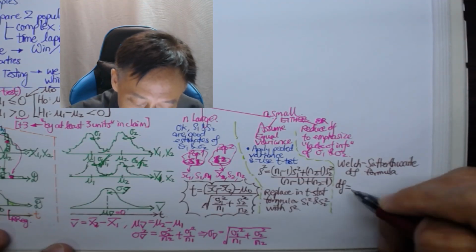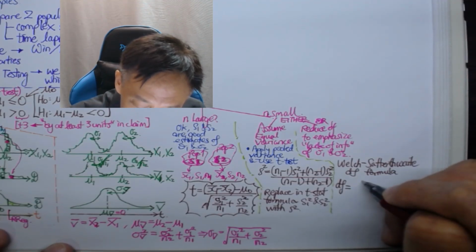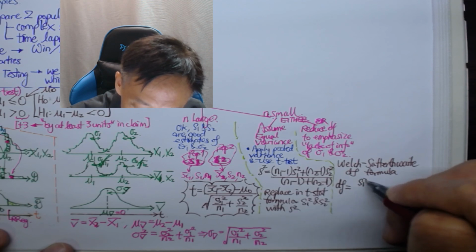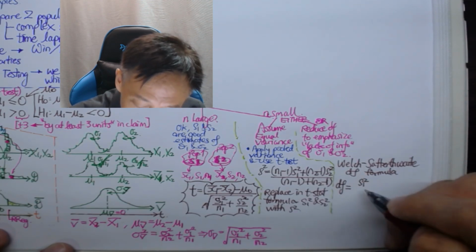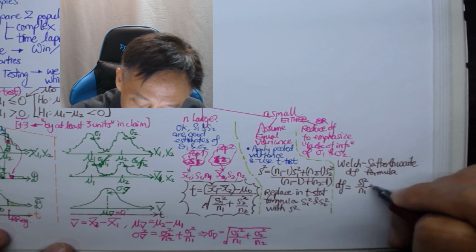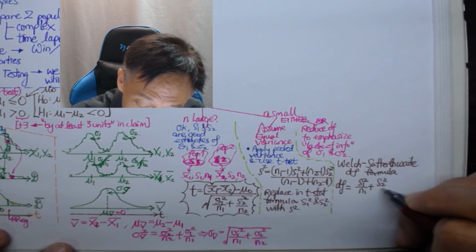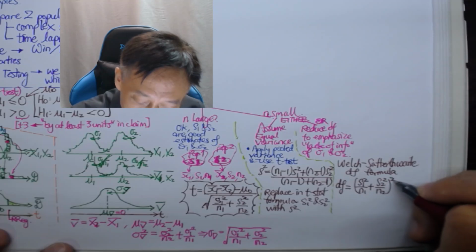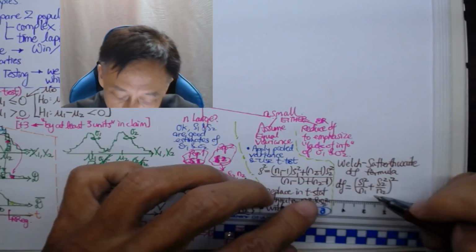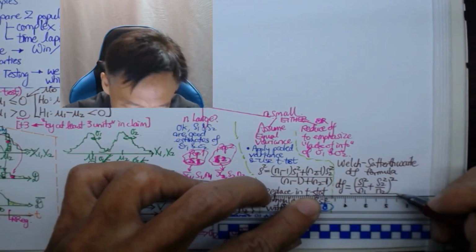They say that in this case, the DF is going to be calculated precisely using their formula that looks like this. Okay, so it's a pretty nice formula, pretty symmetrical. Doesn't matter if you write S1 first or S2 first.